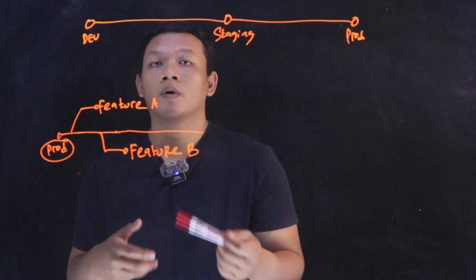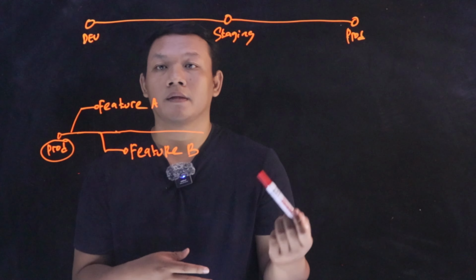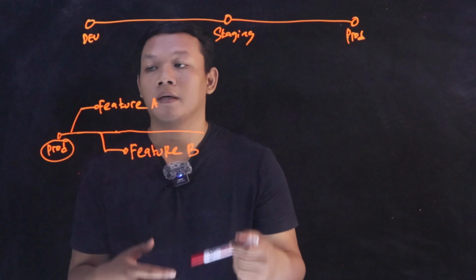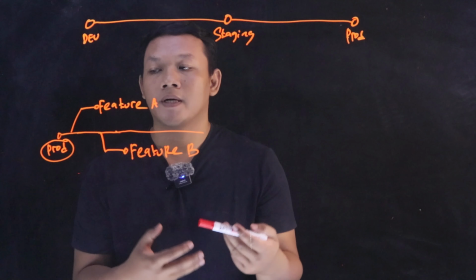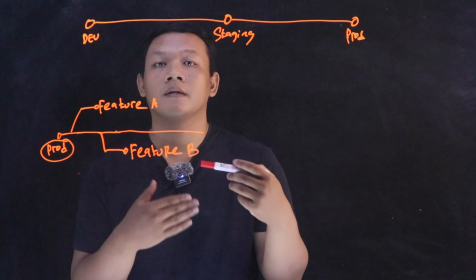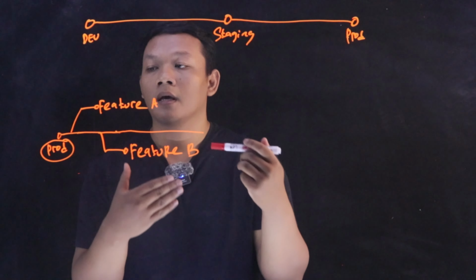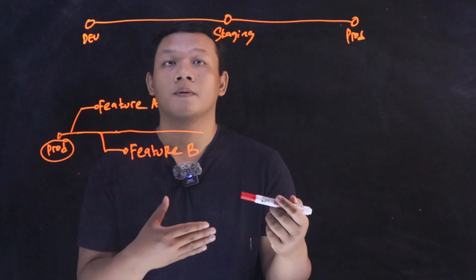In order to start working on a specific feature, you are required to create a feature branch. The way that we create a feature branch is from the production branch. The reason we go with production is that we try to start everything from the cleanest branch possible, and that's production because it's basically what our users or customers are using right now.